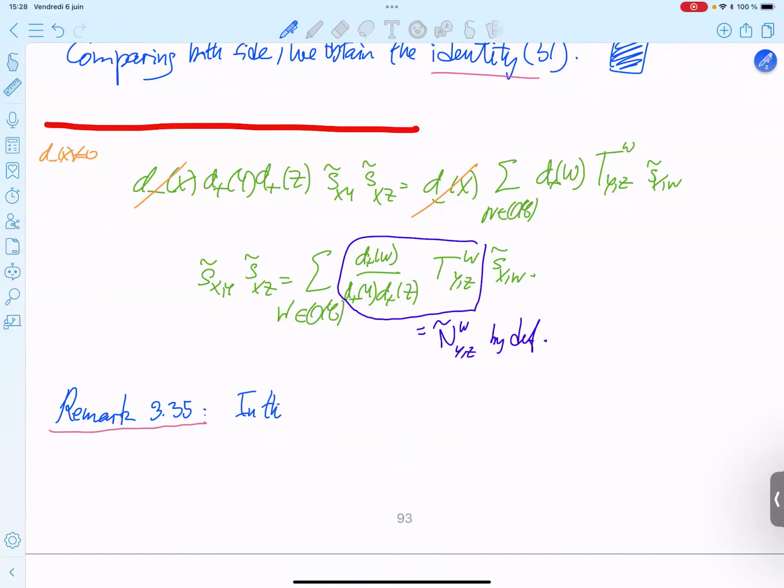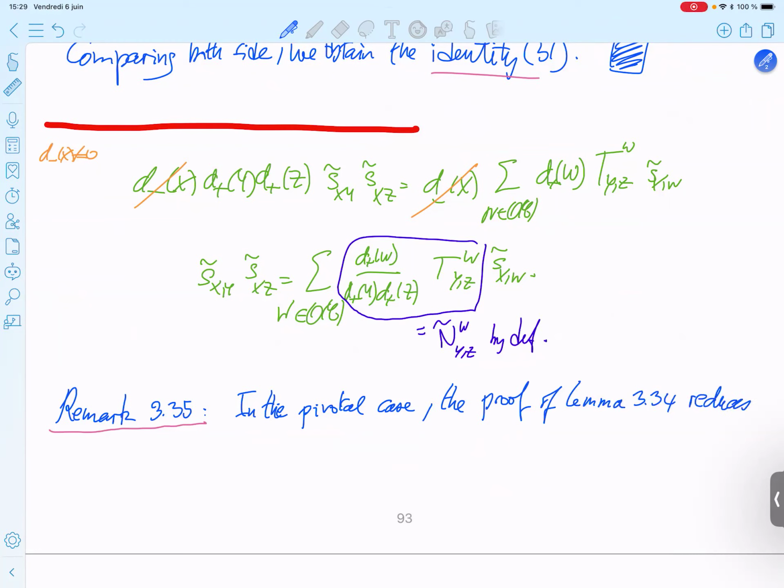So in the pivotal case, let me try to write better, the proof of the previous lemma reduces to a computation by Muger.